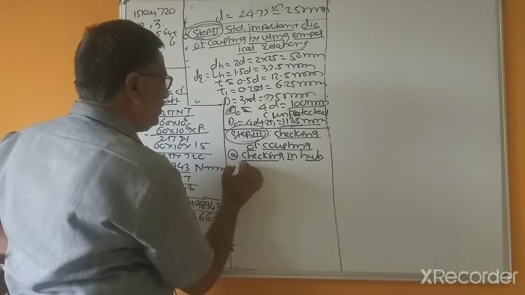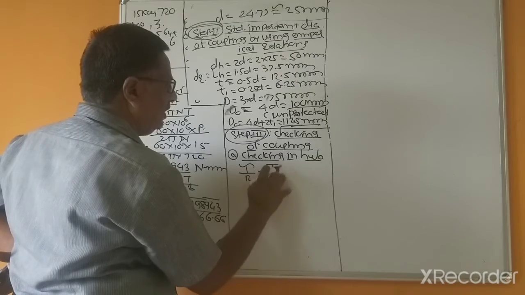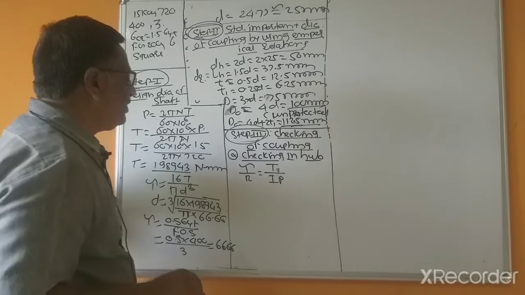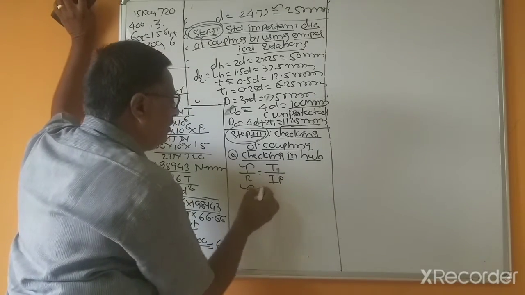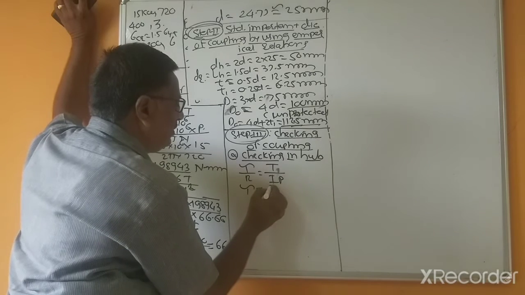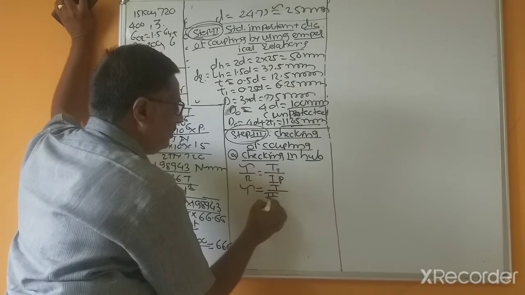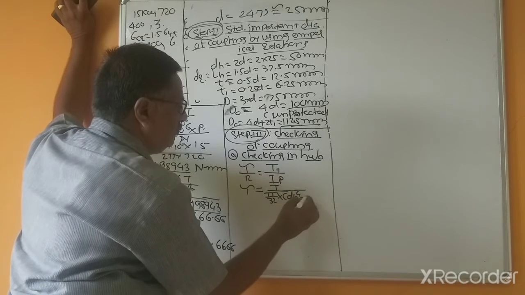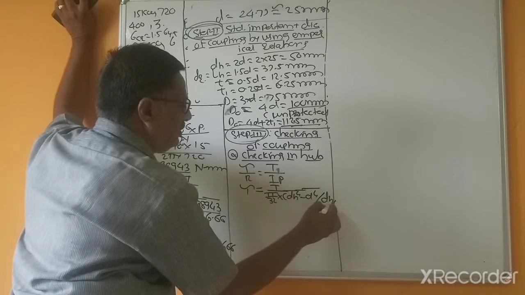So that's why the relation tau divided by r equal to T divided by polar moment of inertia, the basic torque equation. And this tau equal to T into dh by 2 divided by pi by 32 into dh raised to 4 minus d raised to 4.